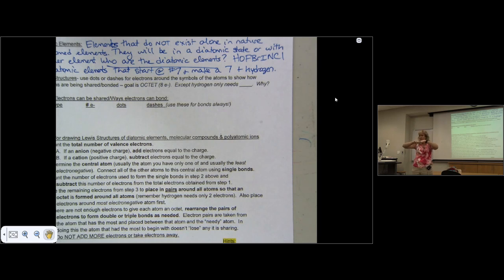This is perfect sharing. O2, also perfect sharing. F2, perfect sharing. You follow what's going on? So are they more stable? Very stable. In fact, think about it for a minute. If you remember my goofy scenario at the end of class, I think Monday, when I was like, sodium's walking down the street and chlorine, that was a bunch of baloney.